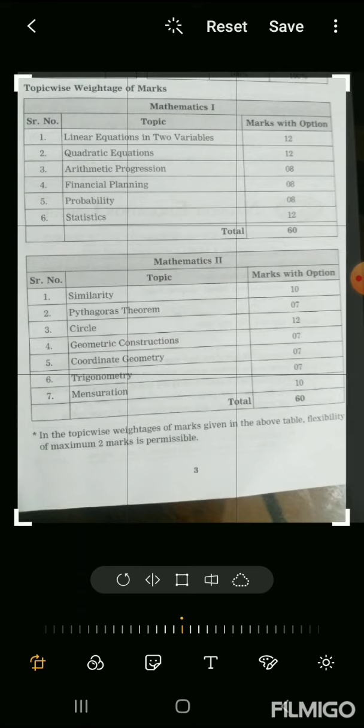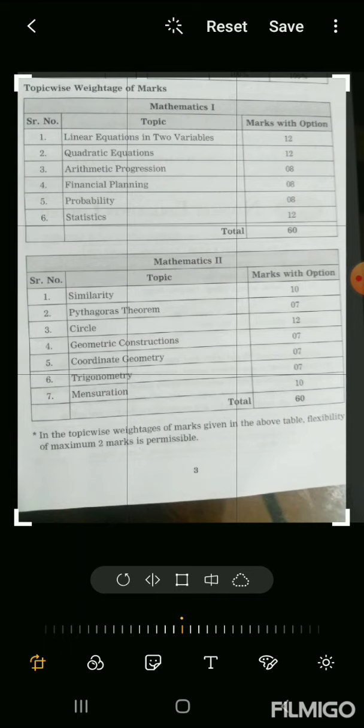In the same way, in Mathematics Part 2, there are 7 topics. First topic is similarity. It contains 10 marks. Second, Pythagoras theorem, contains 7 marks. Topic number 3, circle, contains 12 marks.